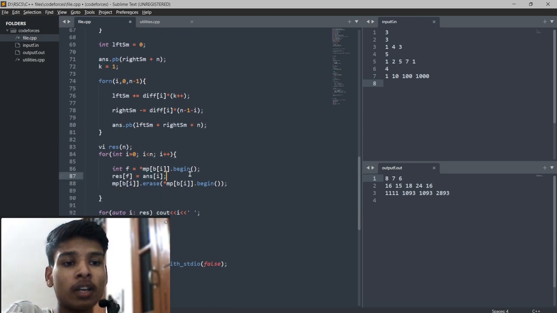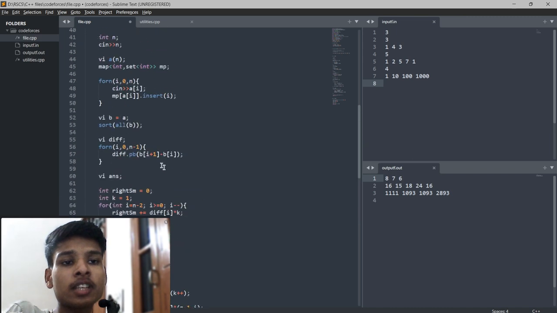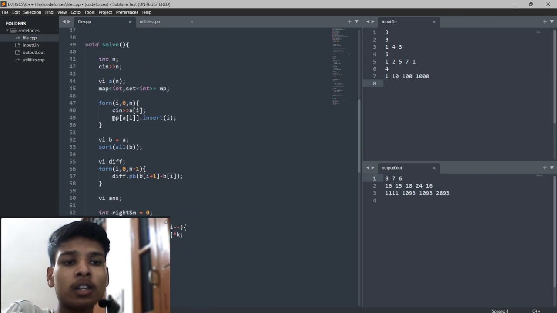Now what can I do? I can calculate the occurrence of every element of array B. How am I calculating the occurrence? First I stored all the occurrences of array A in another set.